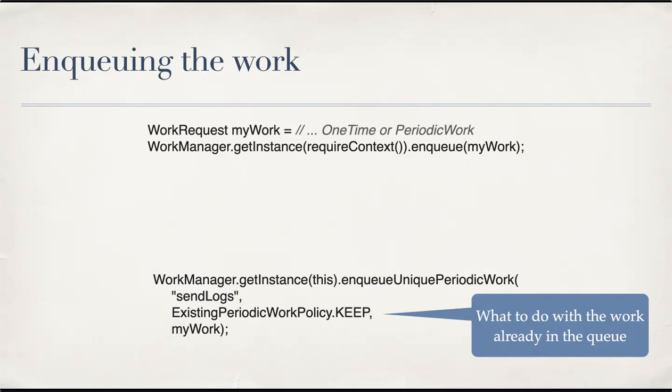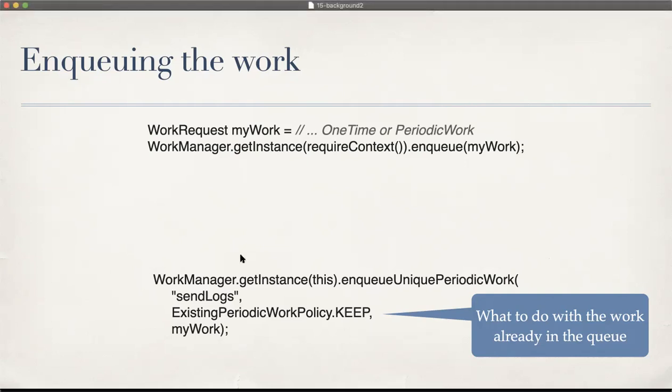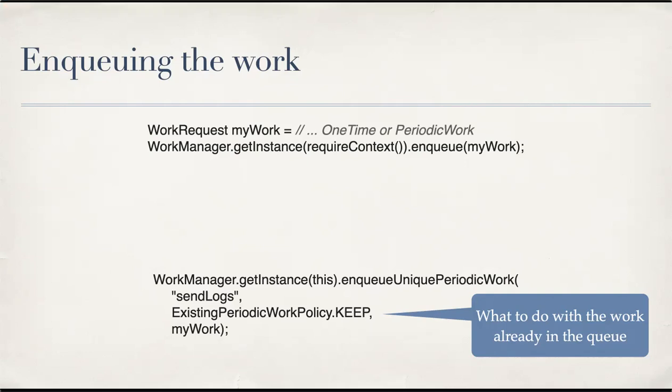Here we are saying you keep it, as in you keep the existing one and discard the second instance of the same request. On the mirror side, there is a replace, which means cancel the one on the queue and replace it entirely with this new instance of my work.